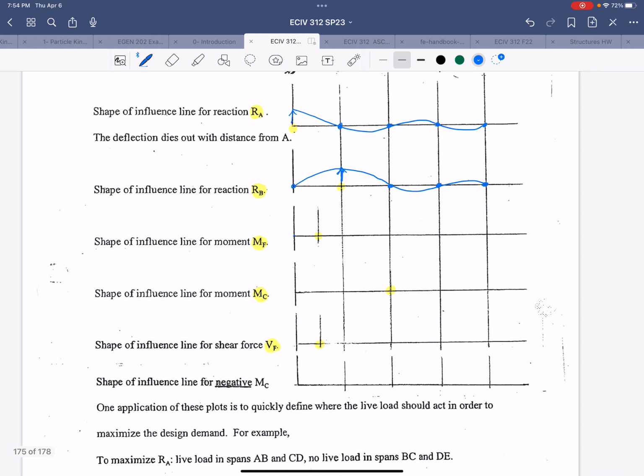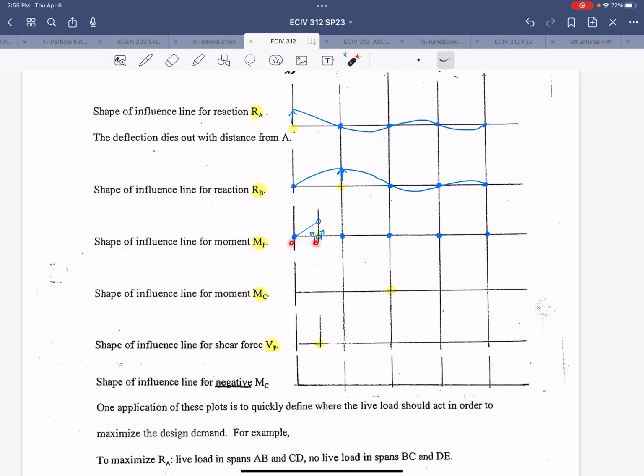For the moment at F, we have all of our supports in play. And we're going to add a hinge at F with a positive unit rotation. Since the hinge is between supports, a positive rotation will force it upward. Now on the left side of the hinge, this portion of the influence line is just going to be a straight line because this segment from A to F on its own is vertically unstable.